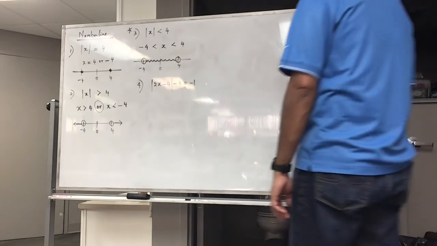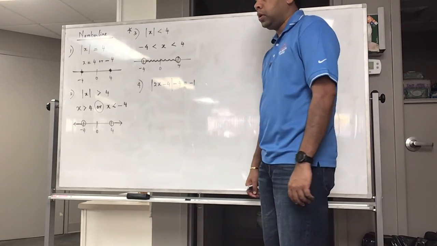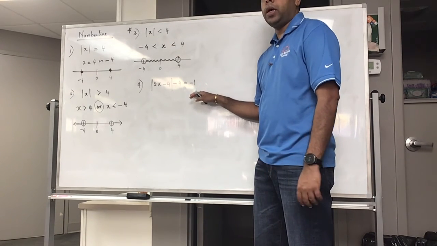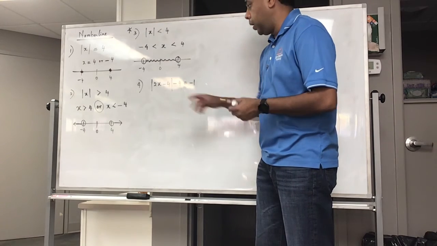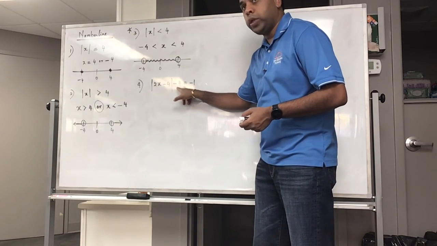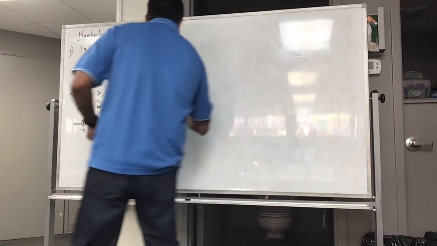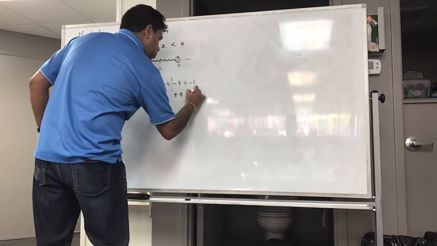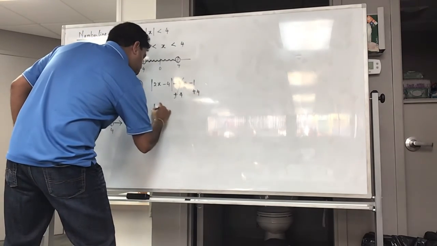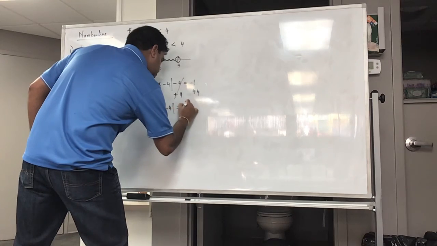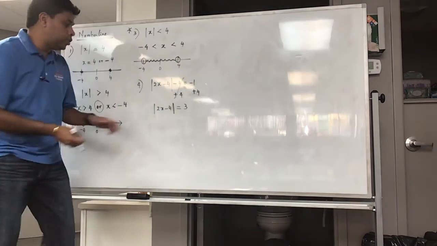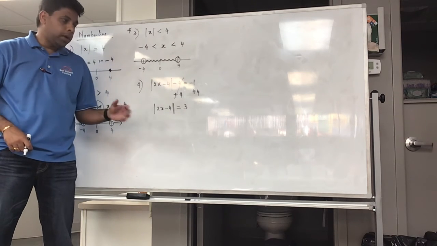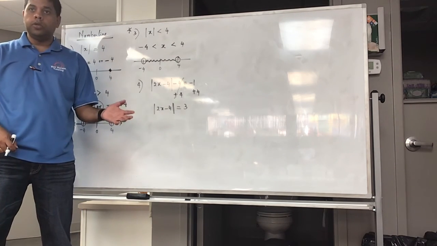Okay. The first thing I've seen students do with this problem, as soon as they see this, oh, it is equal to negative, this cannot be done. That's not true, because the absolute has something else with it outside. So plus 4, both sides. So absolute of 2x minus 4 is equal to positive 3. Now we can make addition. If this was still negative, then there's no solution, because absolute cannot be negative. But now it's positive, you can do the problem.